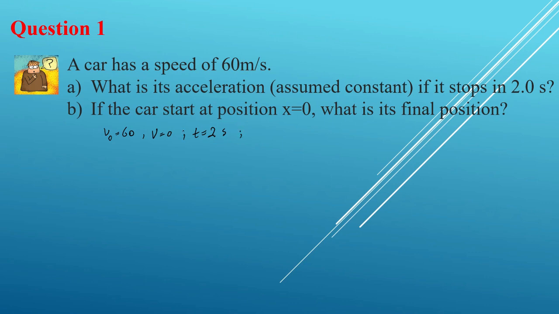And then I do have the position, which is x naught, not going to be 0 because it starts at this position, right? So it's going to be my x naught, and then it's asked about the final position, right? And also from the previous problem, I know the acceleration is minus 30 meters per second squared, right?